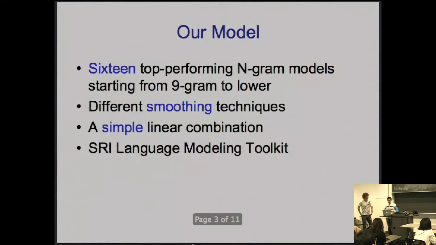What we did is we built 16 top-performing language models, n-gram models, with various smoothing methods like Kneser-Ney smoothing, Witten-Bell smoothing, and we just use a simple linear combination of the output of the language models.